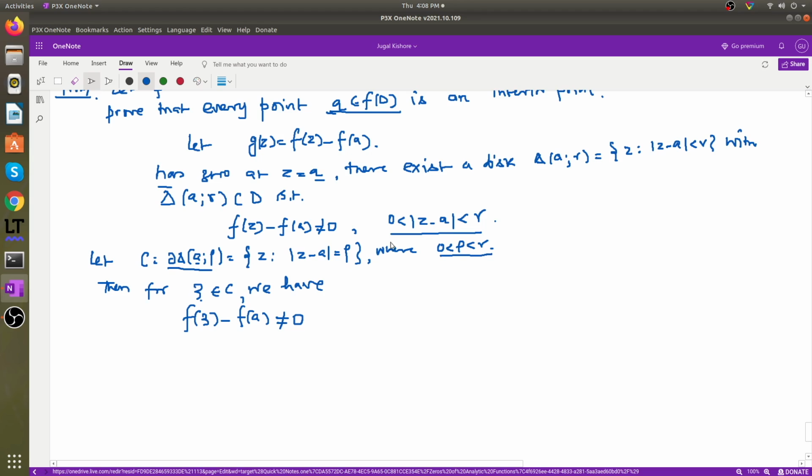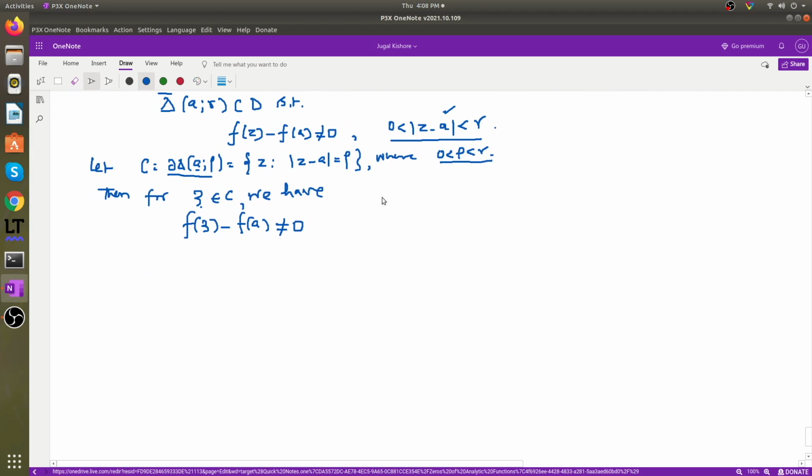It means zeta is a point in the disk of radius r at a. So f(zeta) minus f(a) is a non-zero number, so its modulus should be a positive number, and we write this positive number as 2m, where m should be greater than 0.